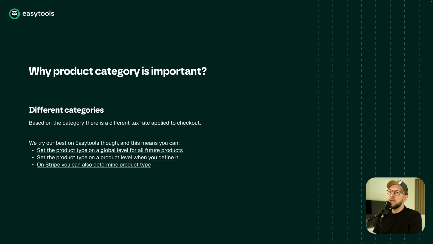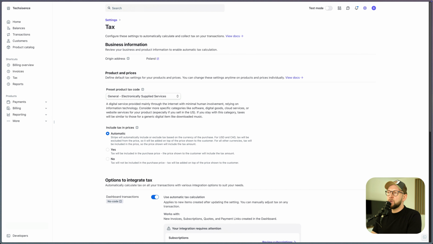So basically, this will help you get your products taxed appropriately, but in most cases, it will let you save money because when you don't have those categories set, then you will probably be paying the most taxes, because just to be safe, those services will apply the default rate, which is the standard rate, the highest rate on the checkout. So it's really worth doing.